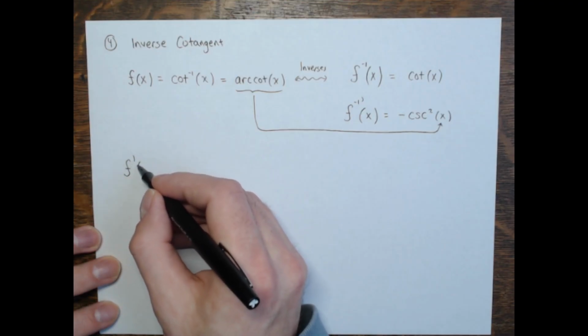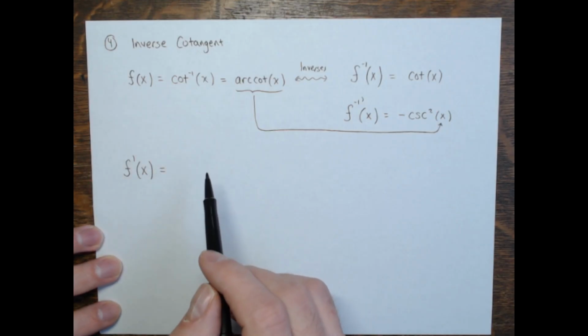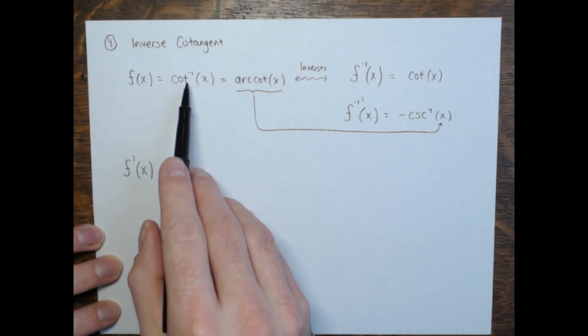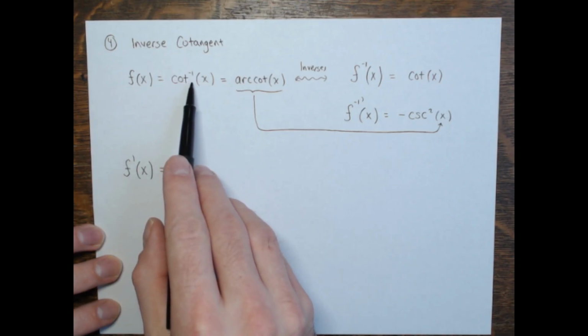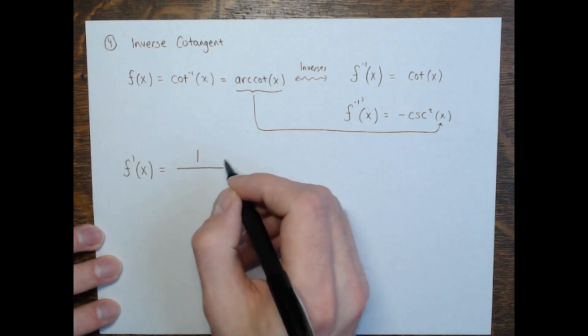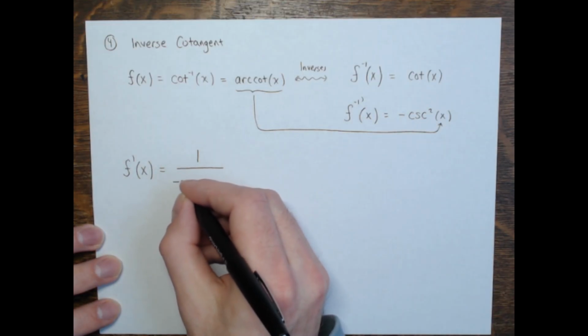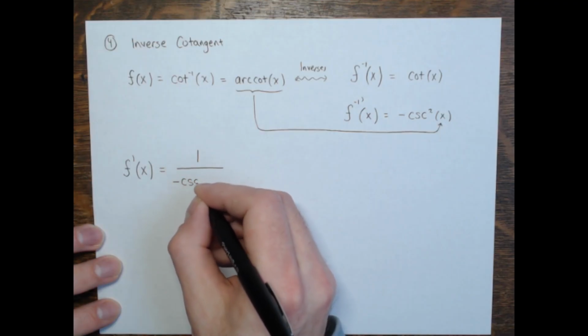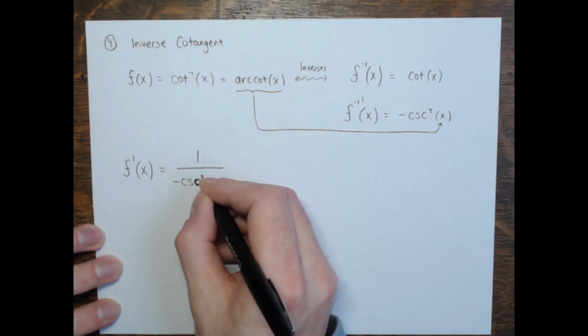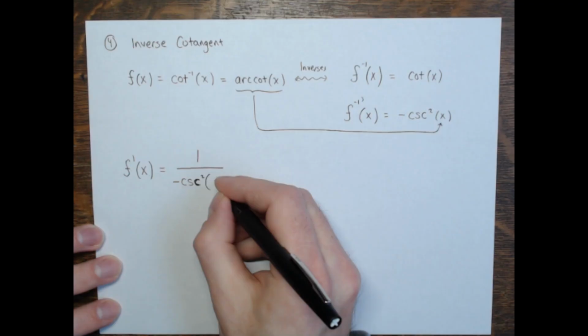So f prime, applying that rule I've been applying this whole video so far. The derivative of the inverse cotangent is 1 over the derivative of regular cotangent, so negative cosecant squared, but with the inverse cotangent put inside.